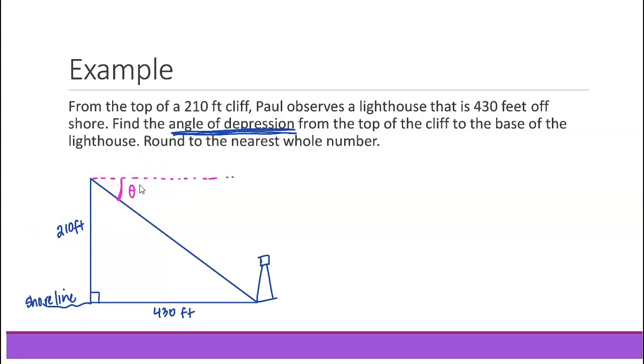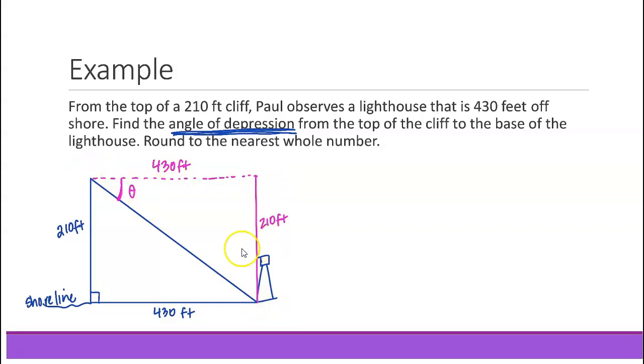So what we can do, though, is we can think about extending the horizontal line, that perfectly horizontal line right there, that leads us right up to the lighthouse, and recognize, well, if I stop right at the base of the lighthouse, that's also 430 feet. And then if I head straight down, that's also 210 feet.